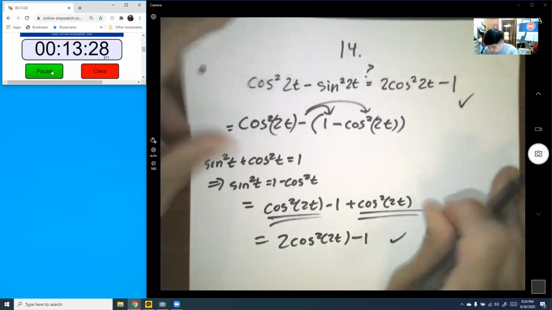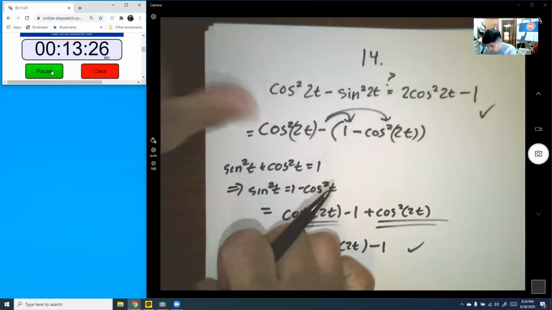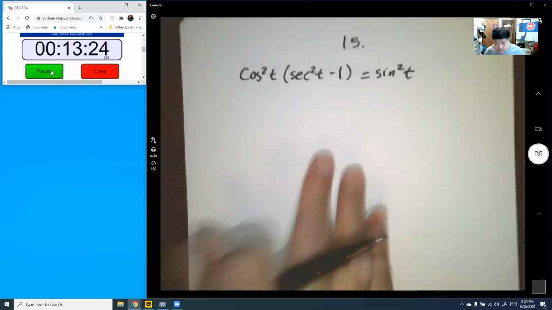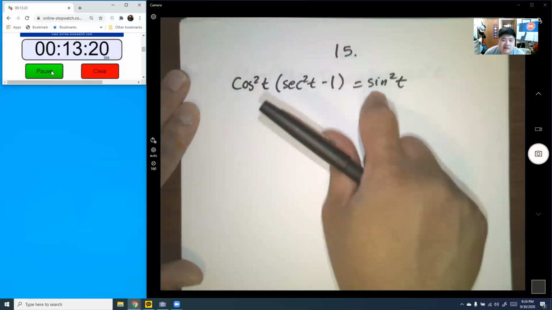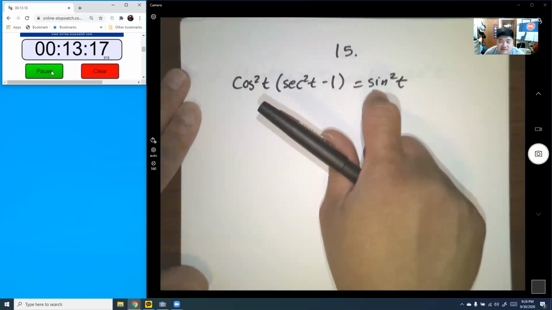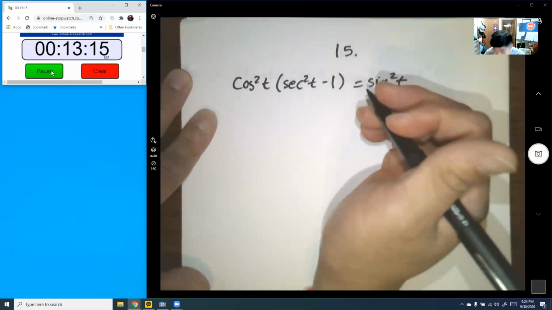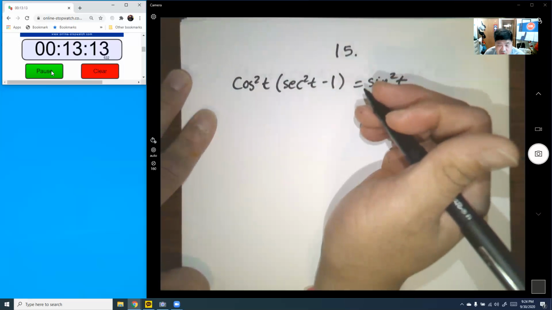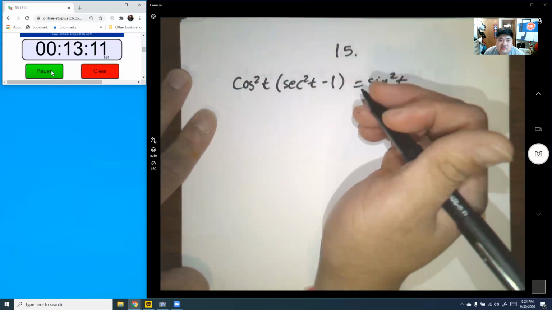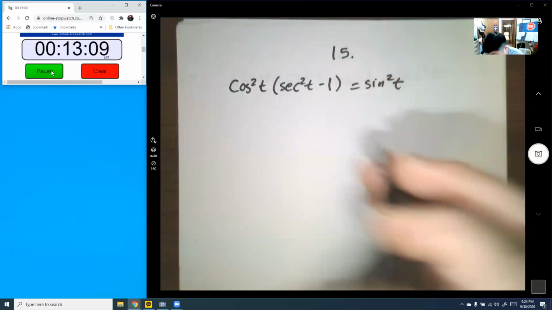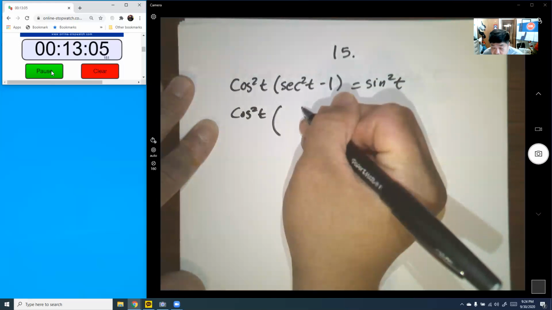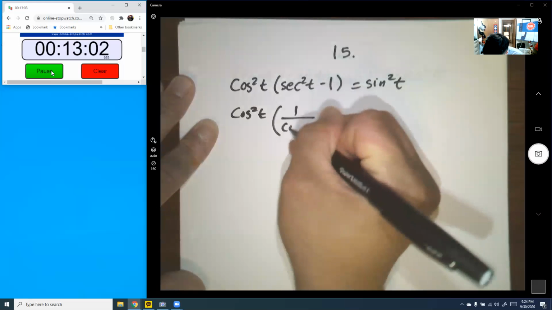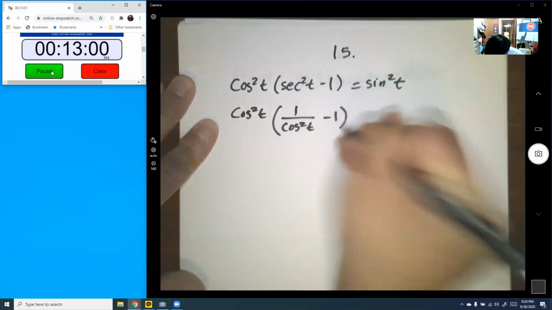All right, let's try another one. We have cosine squared t times secant squared t minus 1. Does this equal sine squared t? I'm going to change this to sines and cosines. Secant squared t is 1 over cosine squared t, minus 1.